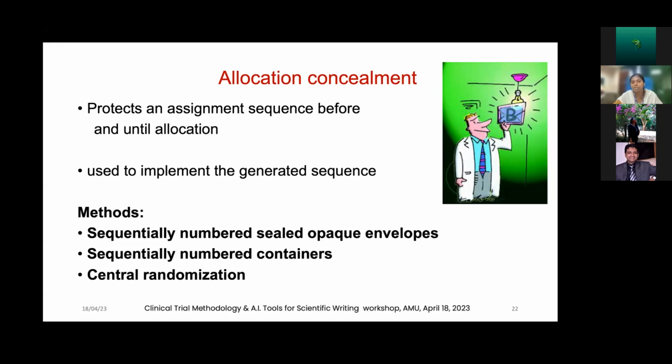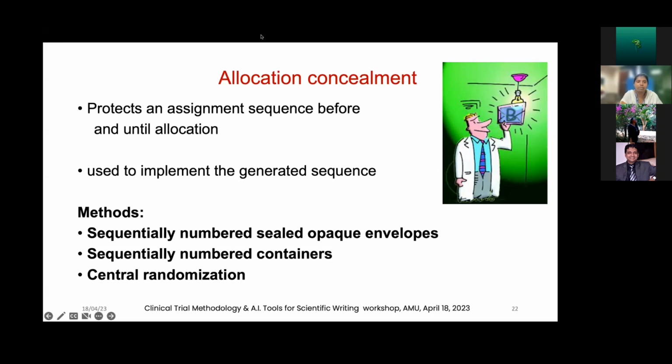They can even delay the patient: you come after 2 days, because they already know the next patient is going to get B, and B is a placebo. Then the trial team can easily manipulate, asking the known patient to come later so that they will get treatment A. Such things were very common in the olden days.